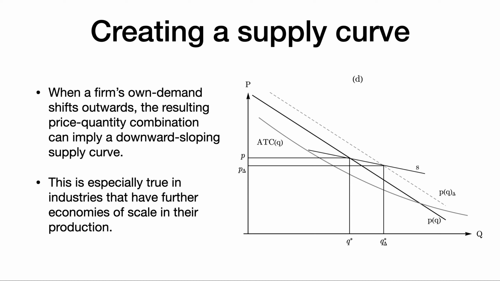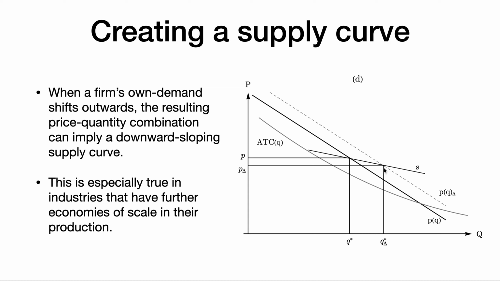And so back to that supply curve, what does it look like? Well, we can see a derived supply curve here, S, this slight downward sloping line, and we can see the effect of the change in demand from PQ to PQ delta, the dashed line. And the return-seeking firm that faces this grey average total cost curve that has a lot of economies of scale to go can see a positive demand shock and find it return maximizing to reduce prices and increase output.